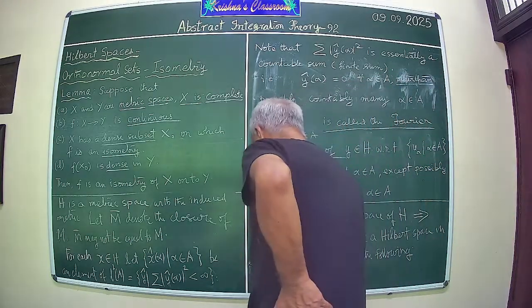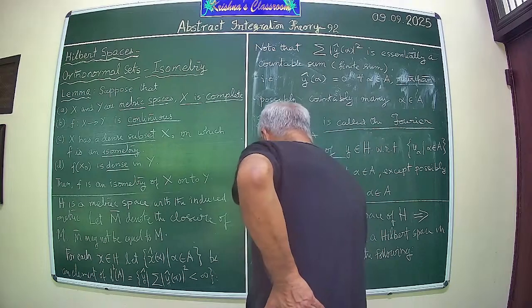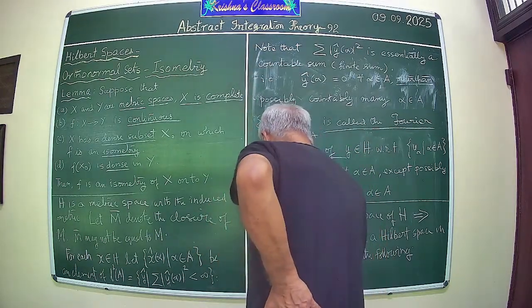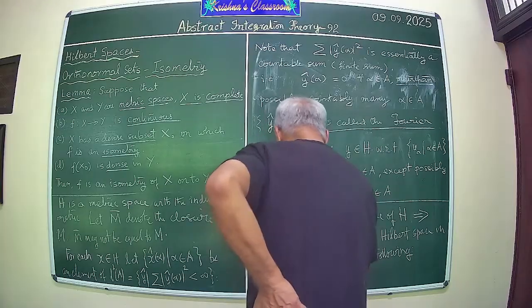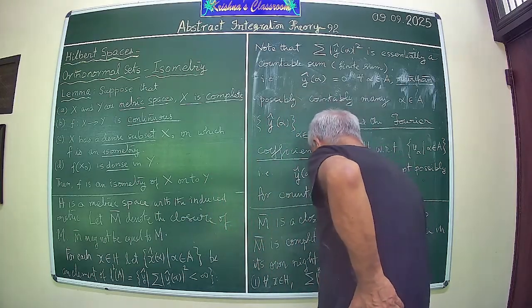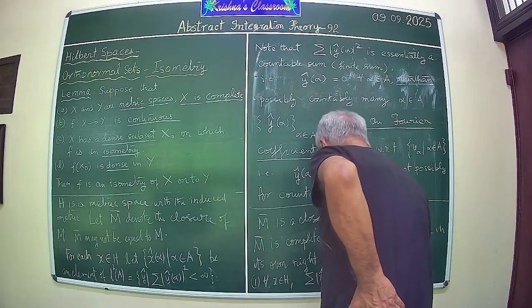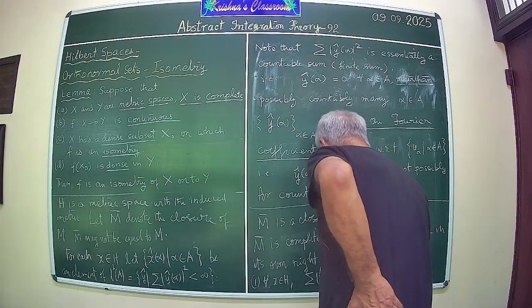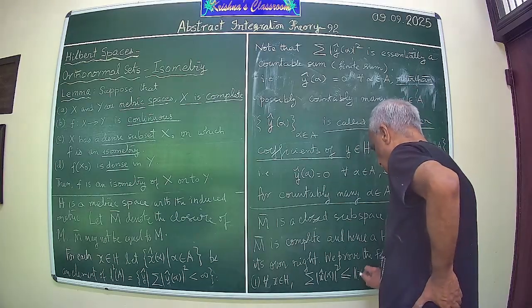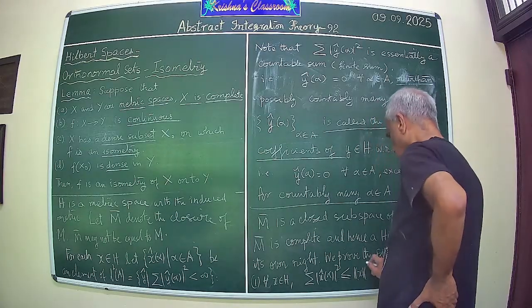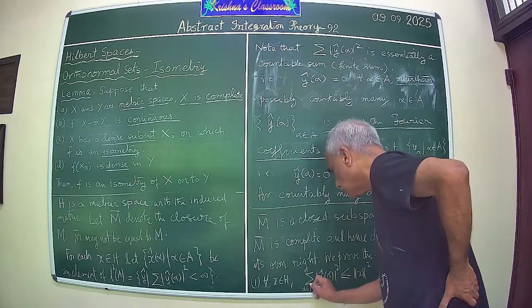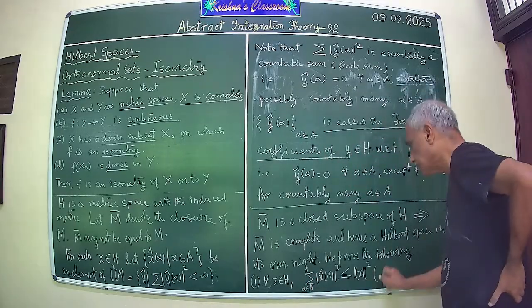One, for every x belongs to H, the sum over alpha belonging to A is bounded; this is what is called Bessel's inequality.